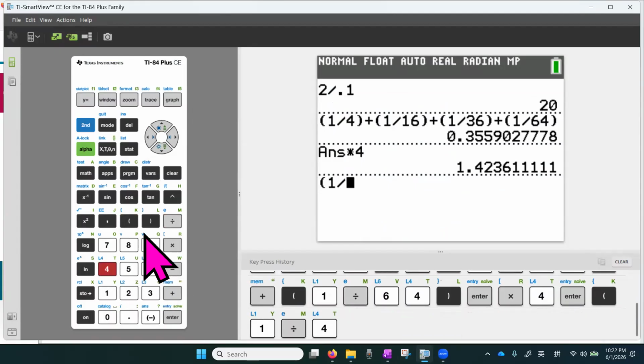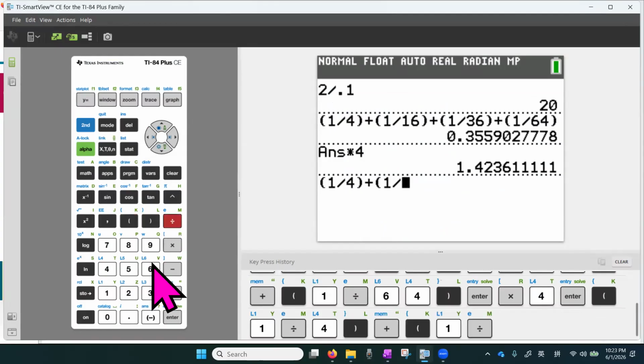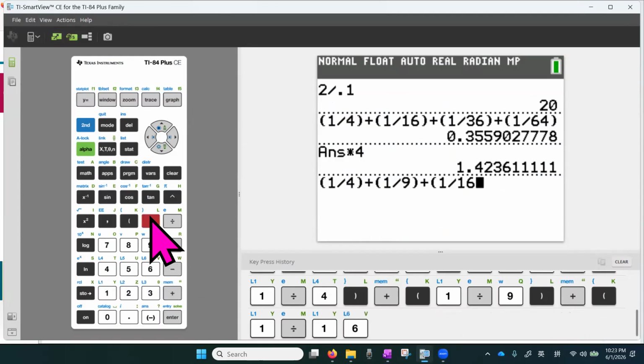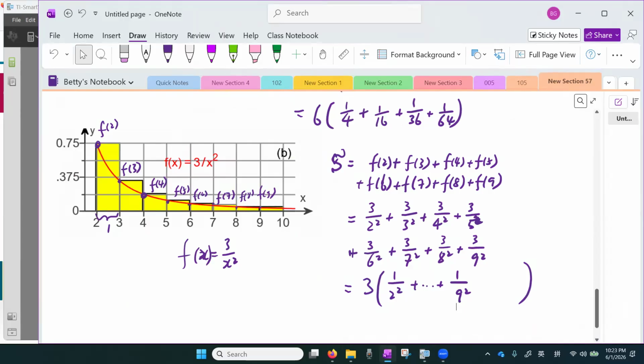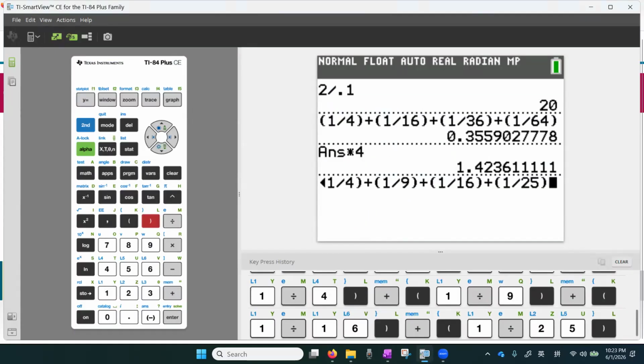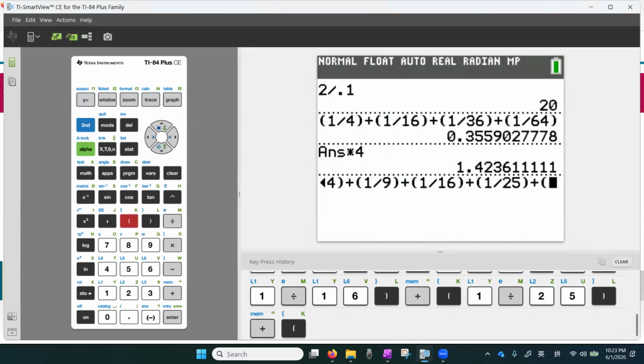One over 2 squared, 1 over 4. 3 squared, 1 over 9. 4 squared, 1 over 16. 5 squared, 1 over 25. Are we doing all right now? So 4, 9, 16, 25. Continue. 1 over 36.